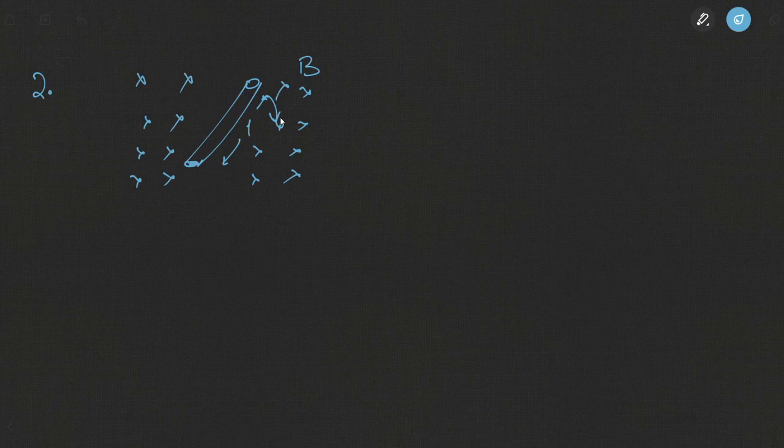So you have a rotating conductor placed in a magnetic field. EMF is induced in this conductor. The induced EMF is equal to V cross B dot L, where V is the velocity with which this conductor is rotating.